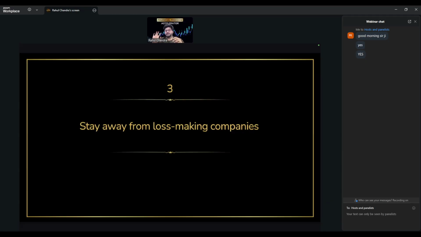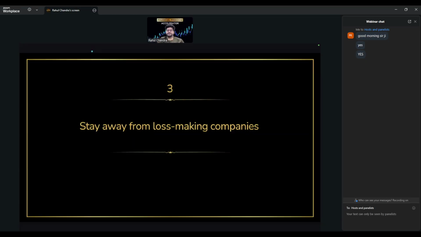Do you need to take the risk and see whether a loss making company can actually turn profitable? You don't need to risk it because you are operating in a market where you have access to more than a few hundred good companies to look at. Correct? So stay away from loss making companies is the third checklist that I want to share with you.